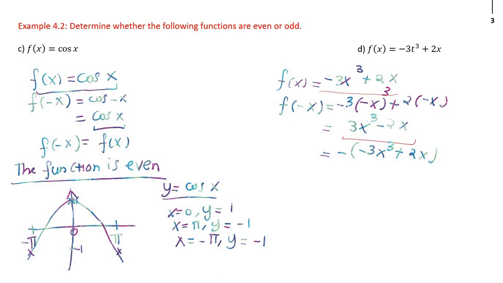So negative times 3x cubed, negative times positive is negative. If you observe here, this part equals the original function.